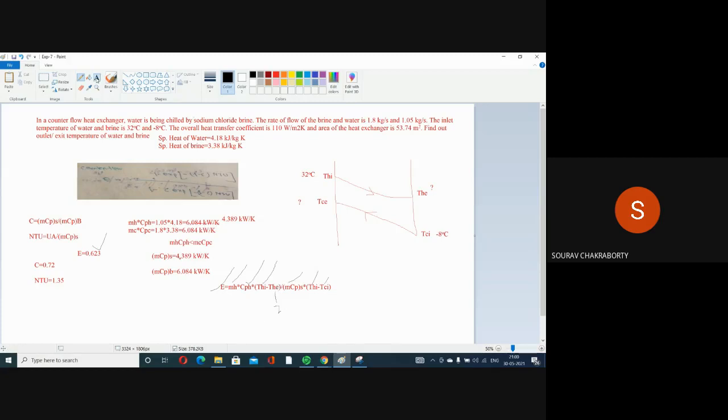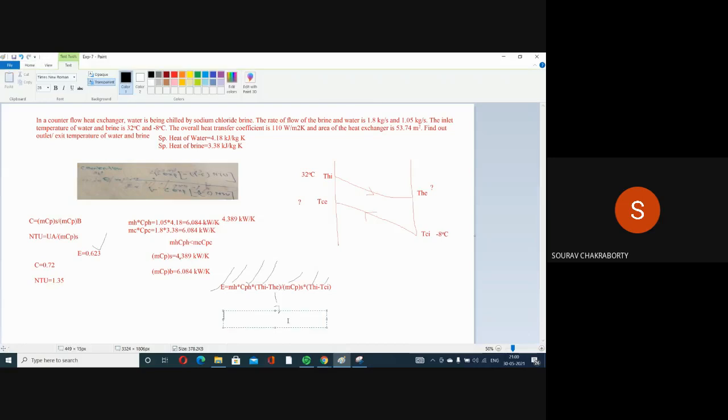Similarly, for the cold fluid, we know that effectiveness equals MC into CPC into TCE minus TCI, divided by MCPS into THI minus TCI.